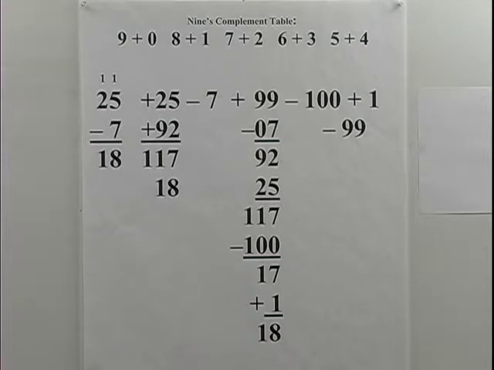It'll always be a 1, as we'll see. Then I'm going to subtract this minus 100. When I do that, I get 0 from 7 is 7, 0 from 1 is 1, 1 minus 1 is 0, so I get 17. Then I'm going to add this 1, plus 1, and I get 18. I get the correct difference.